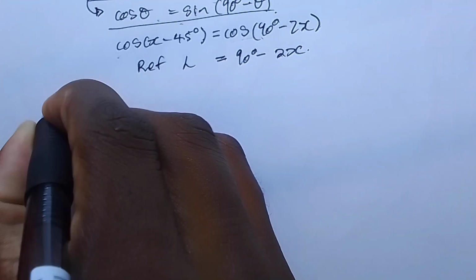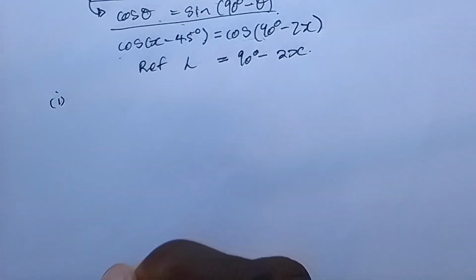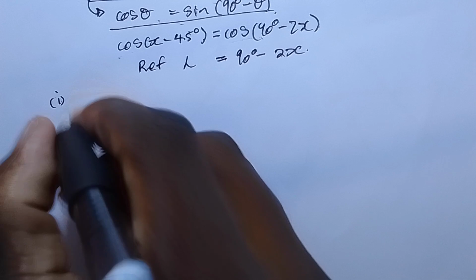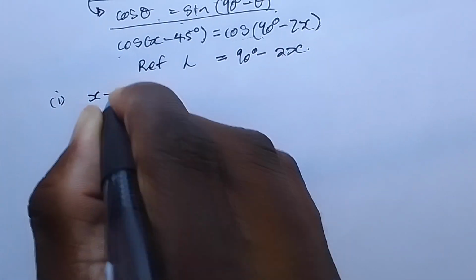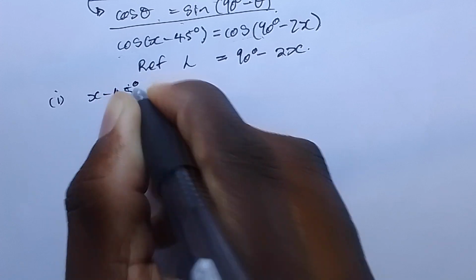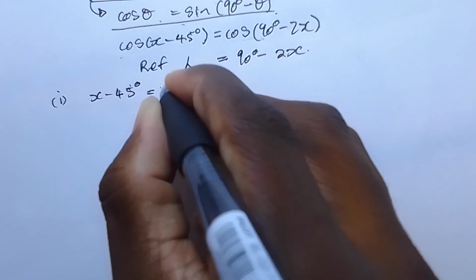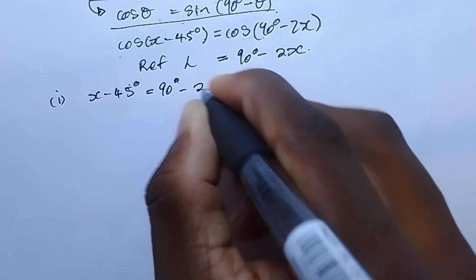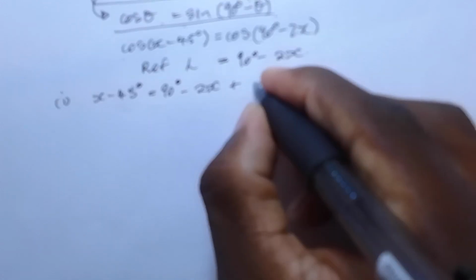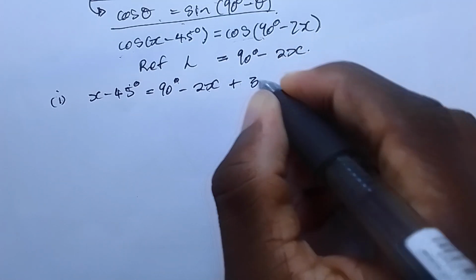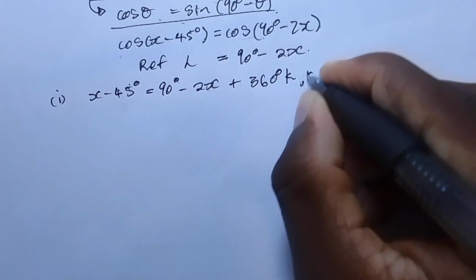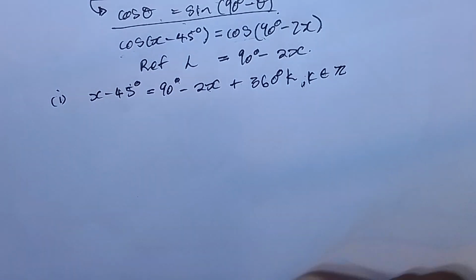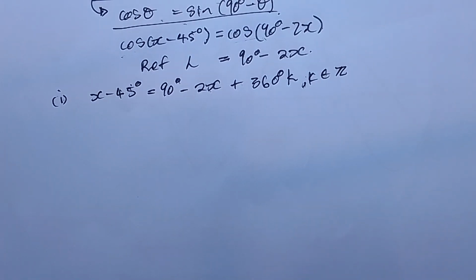For cos, the first solution would just be that the reference angle, which is x - 45°, is equal to 90° - 2x + 360°k, where k is an element of integers. That's your first way of writing the first option.